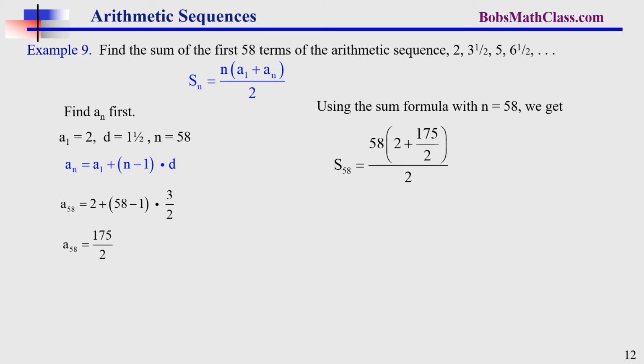Okay, type that into your handy dandy calculator, and this is what you should get. 2,595 and 1/2. Depending on the calculator, if you're having trouble learning how to use it, there's always videos on YouTube. Just type in your model number that you have, and you'll find lots of videos on that calculator.